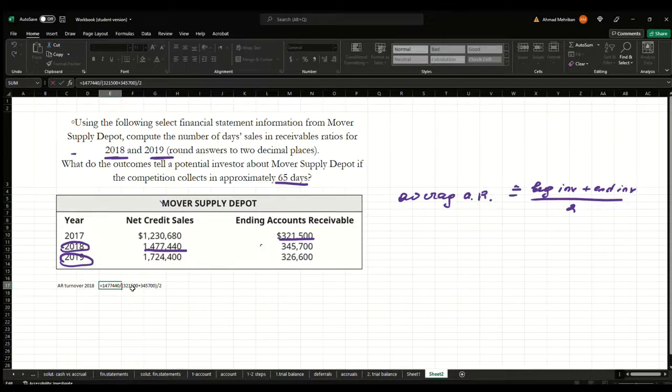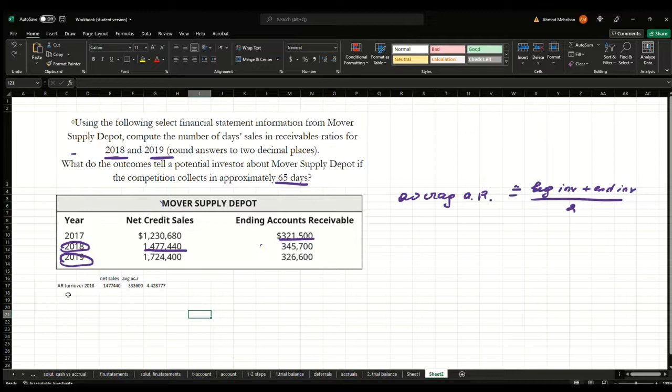Let me just separate it to have a better view. So net sales here, whereas the average accounts receivable will be here, with the formula like that. And that will equal this divided by this, 4.42.